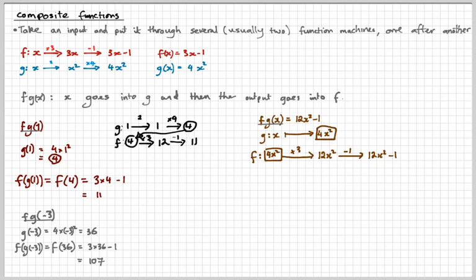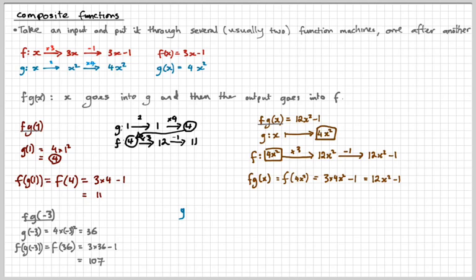I hope you're still following. Using the alternative notation, fg of x is really just taking g of x and putting it into f. g of x is 4x squared. When we put 4x squared into f, we times the input by 3 and subtract 1, giving us this.